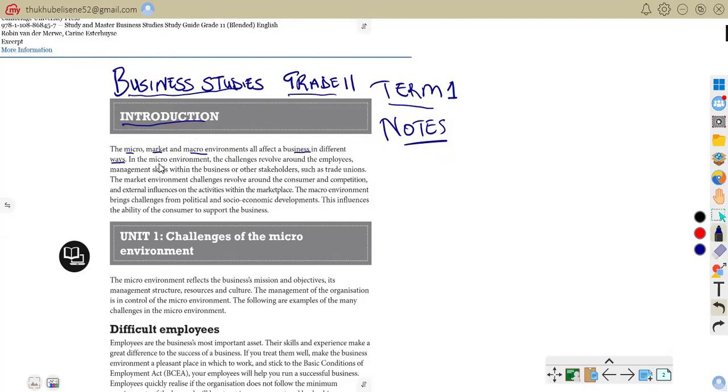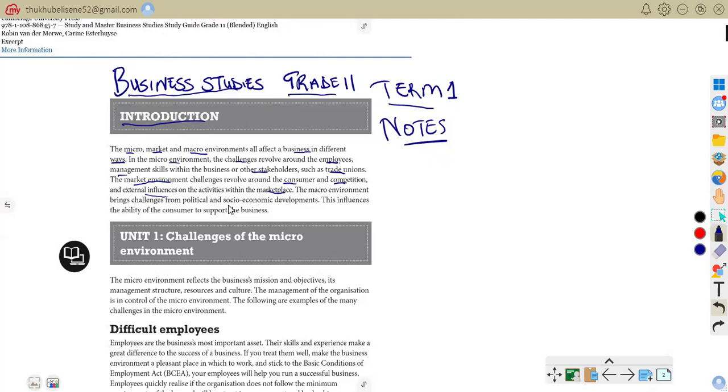In the micro environment, the challenges revolve around employees, management teams within the business, or other stakeholders such as trade unions. So this is within the business. But the market environment challenges revolve around the consumer, competition, and external influence on the activities in the marketplace.